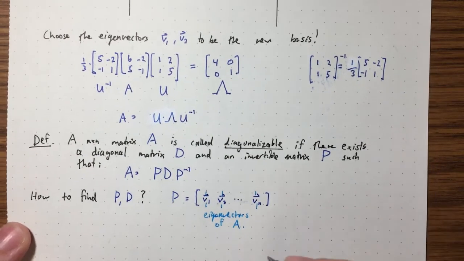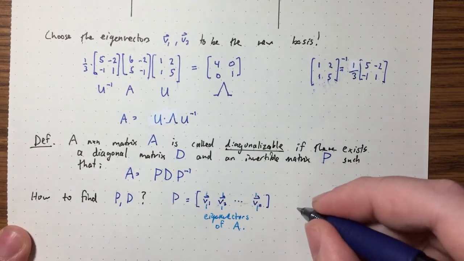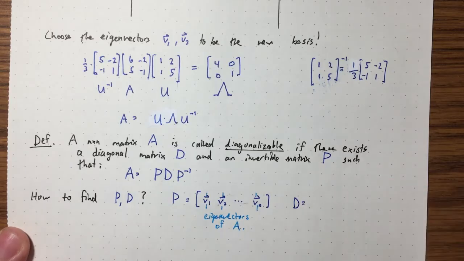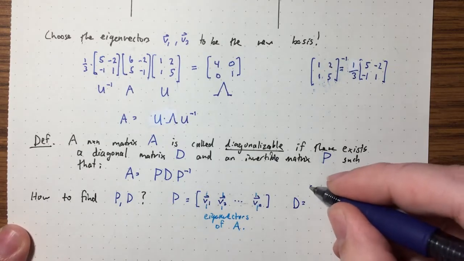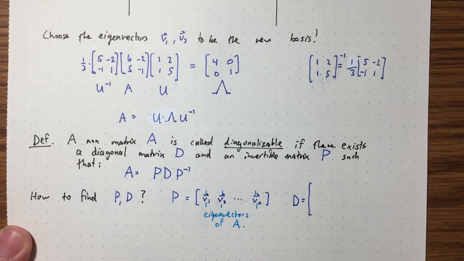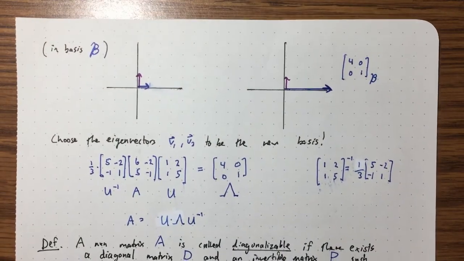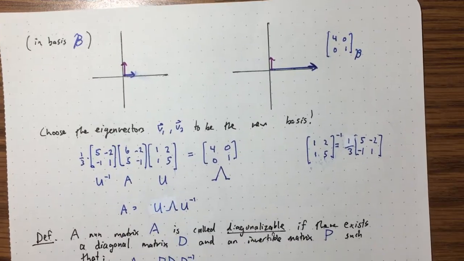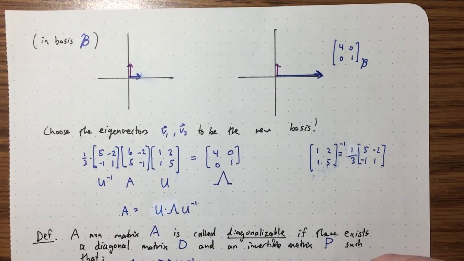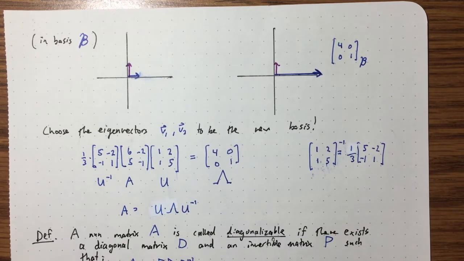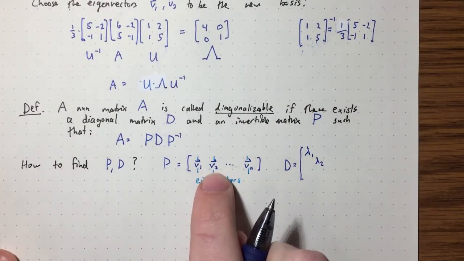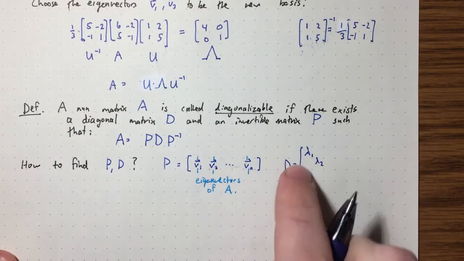And then what is D? D is a diagonal matrix, so I have elements on the diagonal. What are those diagonal elements? Well, they're just how much the eigenvectors get scaled by, or in other words, the eigenvalues. So lambda 1, lambda 2, and I have to do them in the same order, so be careful there. If I put v1, I need to put lambda 1 there.